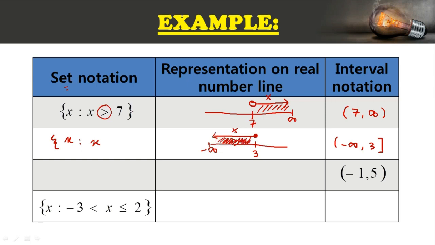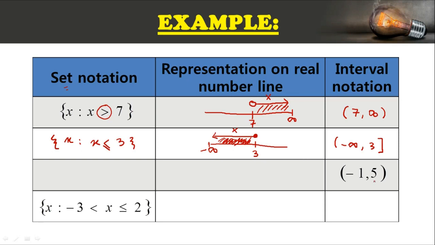Okay, kalau kita tengok X ni, dia less than 3, right? Kurang daripada 3. So that's why our inequality is less than 3. But be careful, since we have a filled circle, okay, bulat hitam, maksudnya dia akan jadi less than or equal, and then close bracket. Okay, this one you need to hati-hatilah.